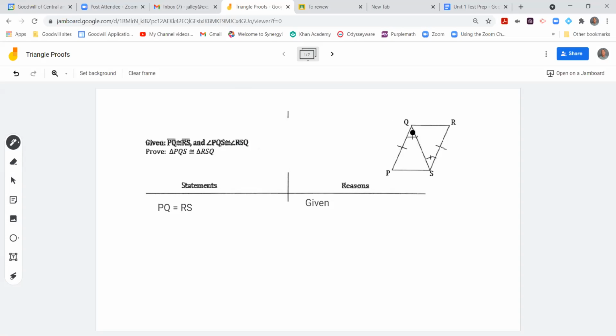So now I got a side, I got an angle, so I can put that next statement, angle PQS equal to angle RSQ. And that's also a given.